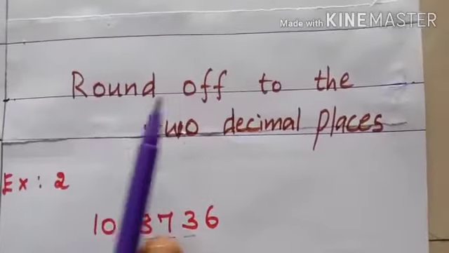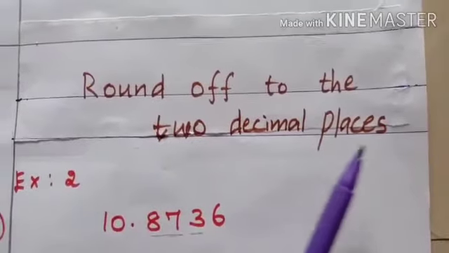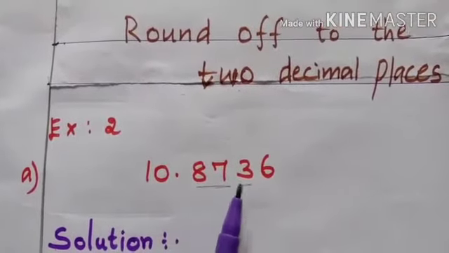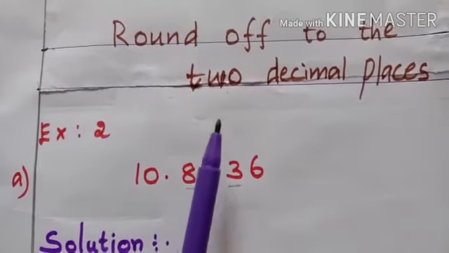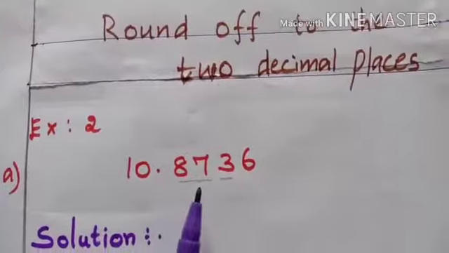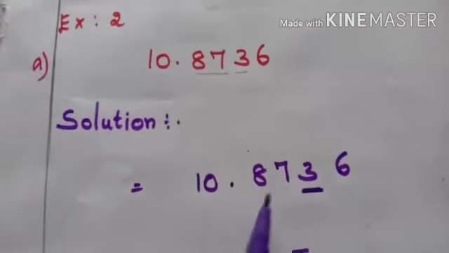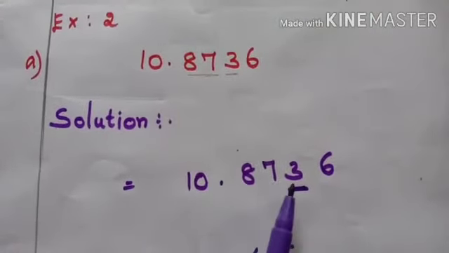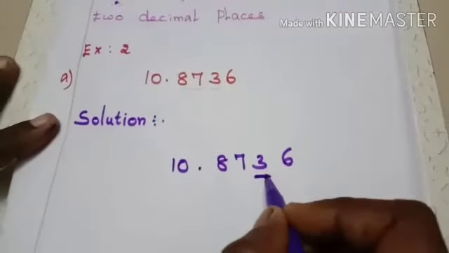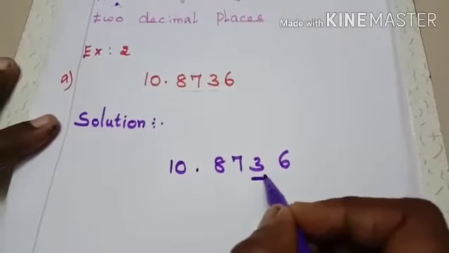Next example, round off to 2 decimal places. The number is 10.8736. Here we have to round off to 2 decimal places. So we look at the 1000th place. In the 1000th place, the number is 3.